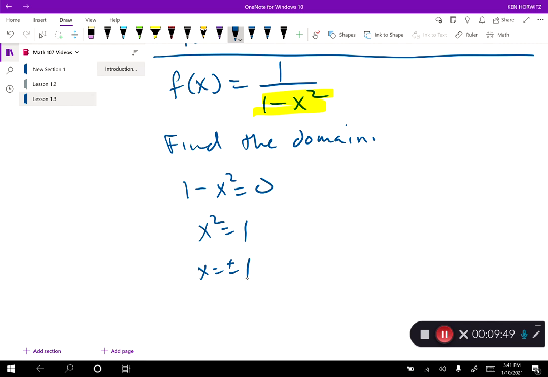Negative infinity up to -1, and I'm going to put a parenthesis because I can't include -1, in union with negative 1 to 1, another parenthesis because I can't include 1, 1 to infinity. And remember, infinity gets parentheses on either side.